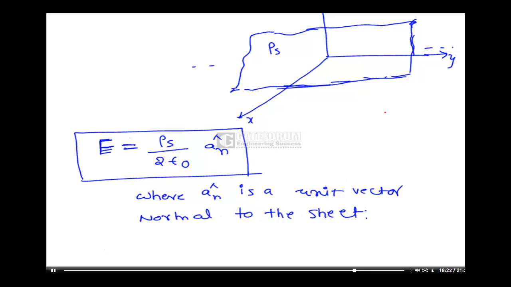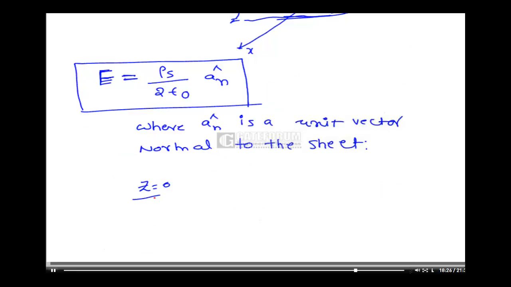Suppose the sheet is at z equal to 0. So at z equal to 0 I kept the infinite sheet. Then I can calculate the electric field intensity above the sheet, that is for z greater than 0, or below the sheet, that is for z less than 0. If z is greater than 0, you have to consider the normal vector in the positive direction, that is a n bar is equal to a z.